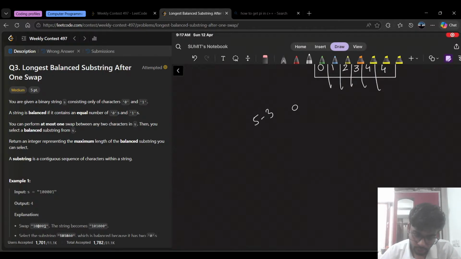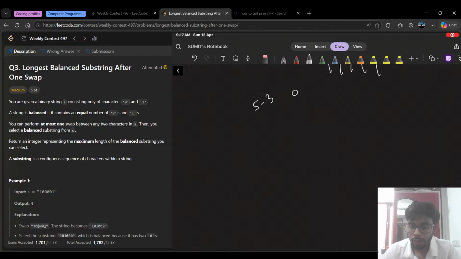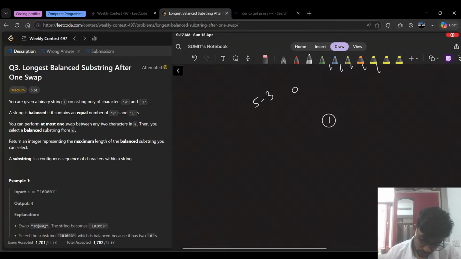What will be the maximum case? And I have to make only one swap. For example, how many cases will be there? 1 will be equal to 0. This is done.